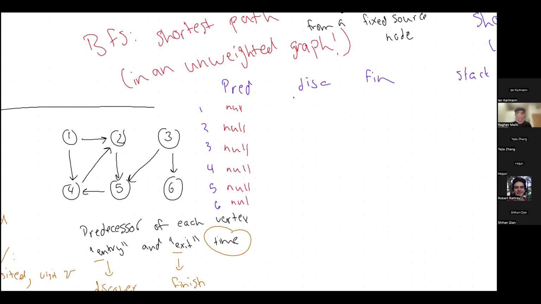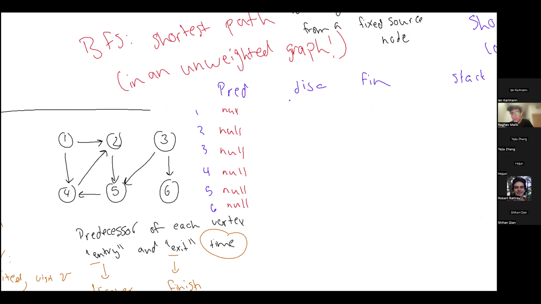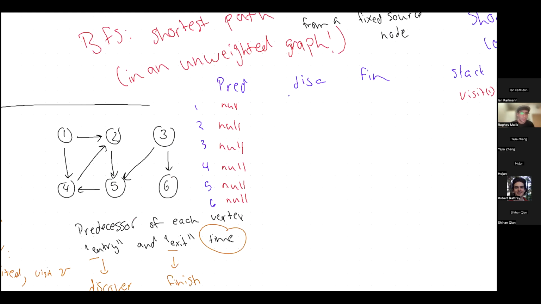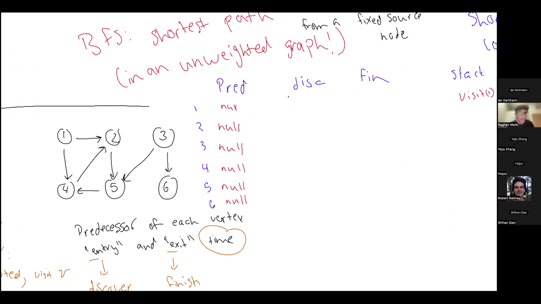I start by setting the predecessor of everyone to null. Then I start by visiting these one at a time. So maybe I'll start by visiting 1. What does that mean? I mark 1 as in progress, and then I look at everything that is adjacent to it. In particular, that's 2 and 4.